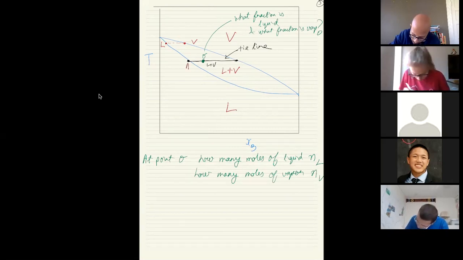Let's look at point number A, and well, A and B are bad notation because our components are called A and B. Let's look at point number 1 and point number 5, okay?